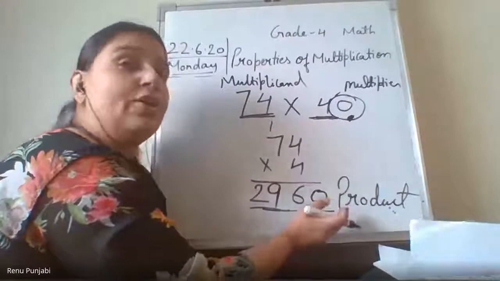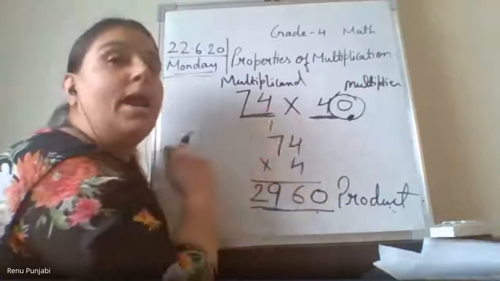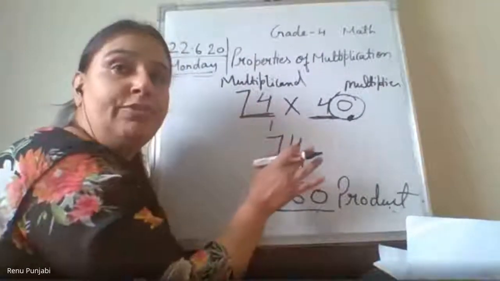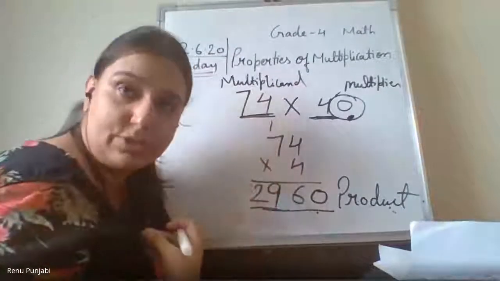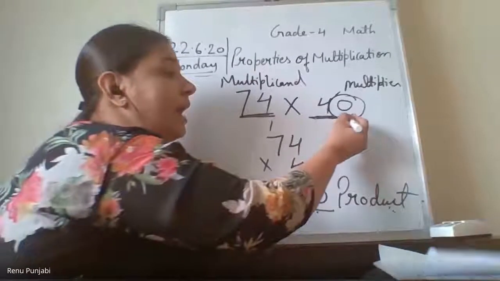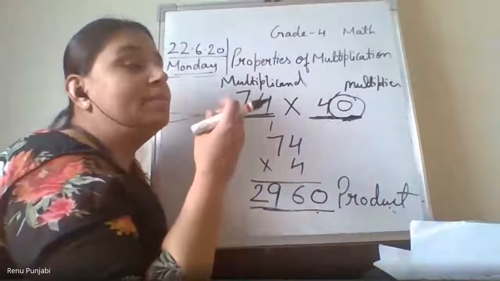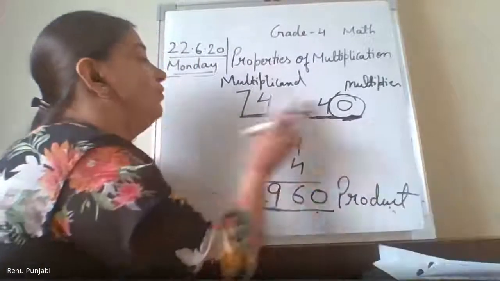This will be the right hand side of your answer. Got it, children? This is also one trick. So instead of doing the long method of multiplication, we can do the short method also. This method is only applicable when you have a 0 at the last of the multiplier. Understood? Yes. Now we go further.